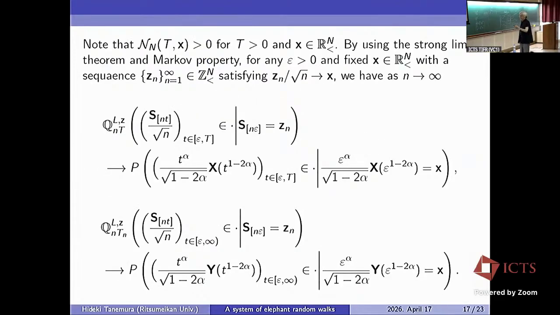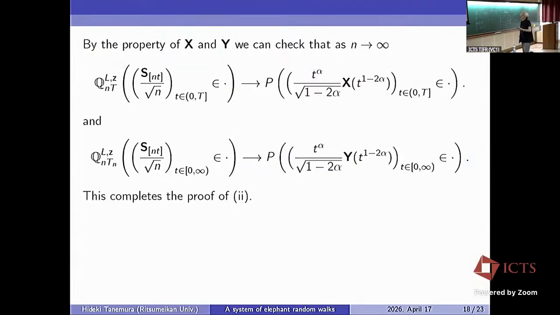And we can get this one. The point is, the second step is epsilon to 0. We can do epsilon to 0 because the property of X is very nice, some kind of mixing property.